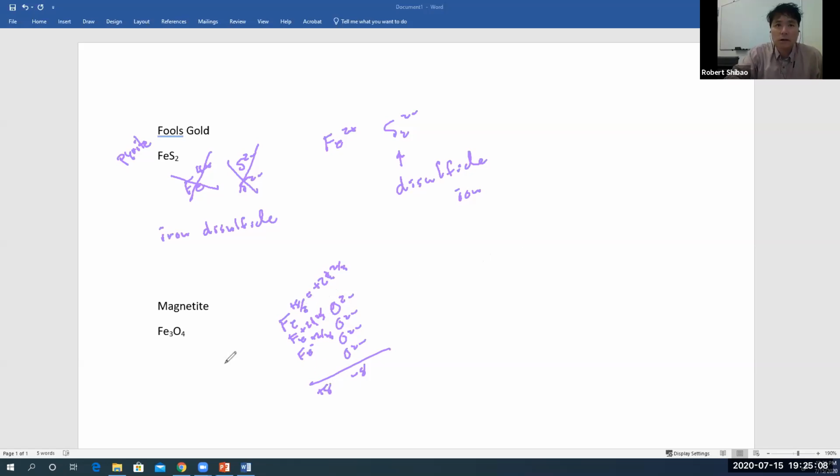And so how should I call this then? Do I call this iron, Roman numeral 2 2/3 oxide? Is that correct?